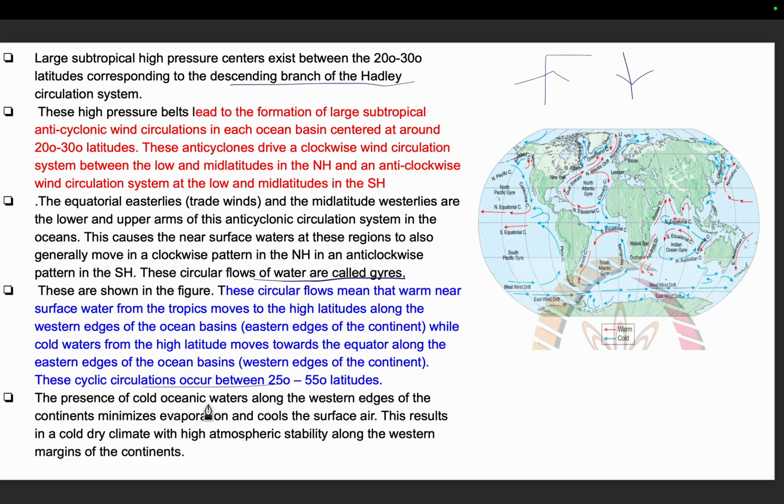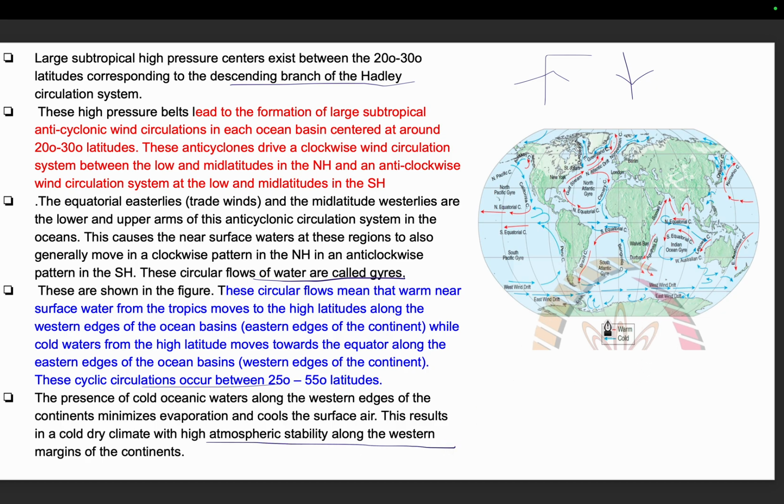The presence of cold oceanic waters over the western edges of continents minimizes evaporation and cools the surface air there. This results in a cold and dry climate with high atmospheric stability along the western margins of the continent.